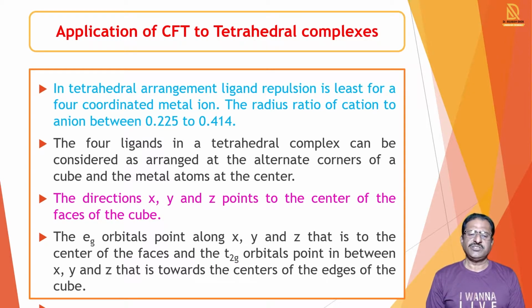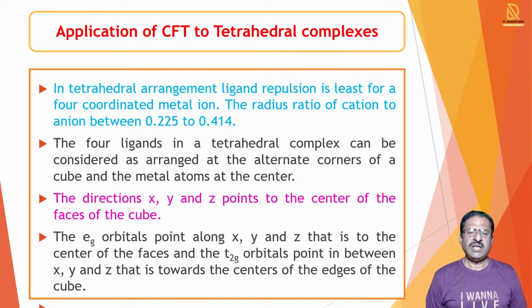When we see the directions of X, Y, and Z to the center of the faces of that cube, we can observe that the EG orbitals point along the X, Y, and Z axes, towards the center of faces. And the T2G orbitals point in between the X, Y, and Z axes, towards the center of edges of that cube.